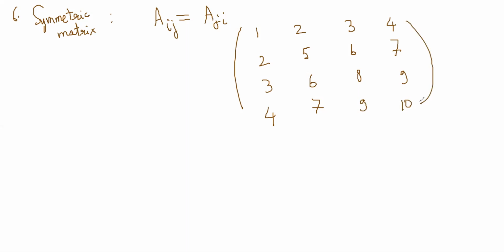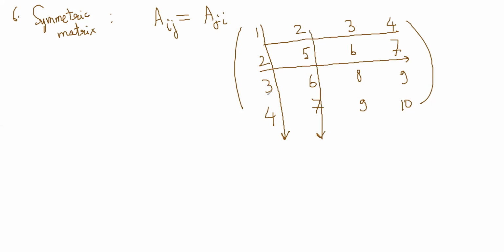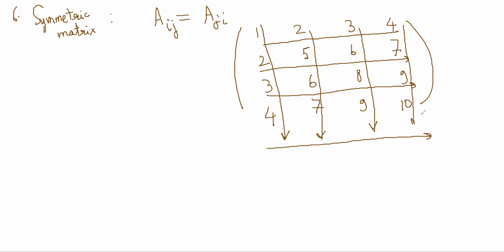For example, see here, the first column is identical with the first row. The second row is identical with the second column. Third row is identical with third column. Fourth row is identical with fourth column. Or basically you can say that Aij is equal to Aji.